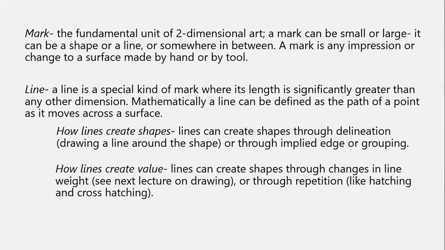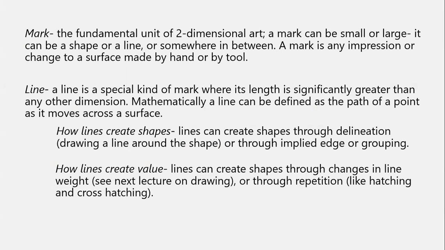So how do I define a mark? A mark is a fundamental unit of two-dimensional art. A mark can be small or large. If you think about it, every two-dimensional work of art begins with a surface, whether that's a piece of paper or a rock, right?